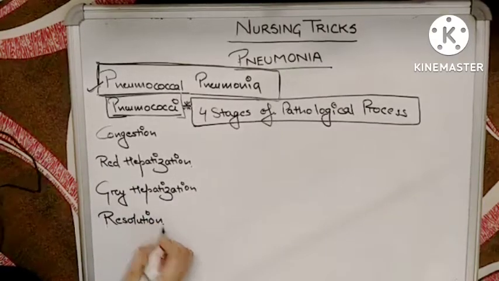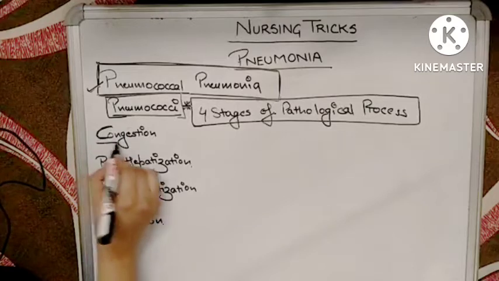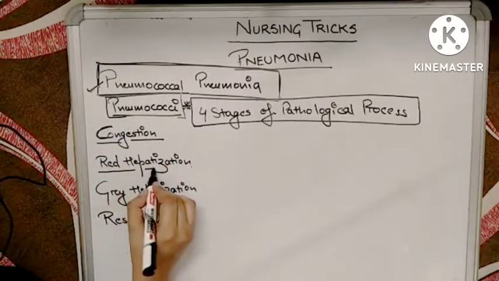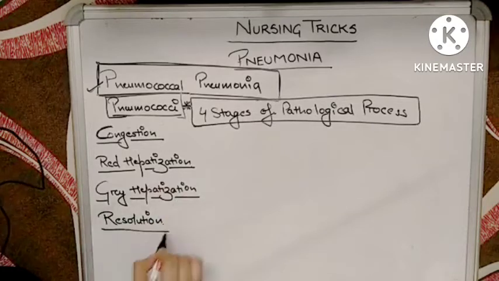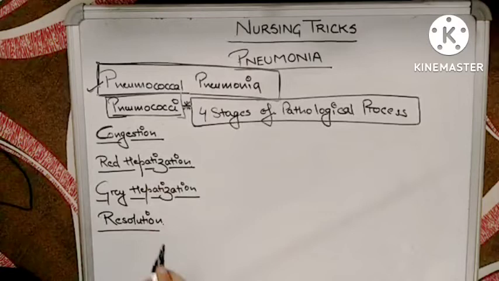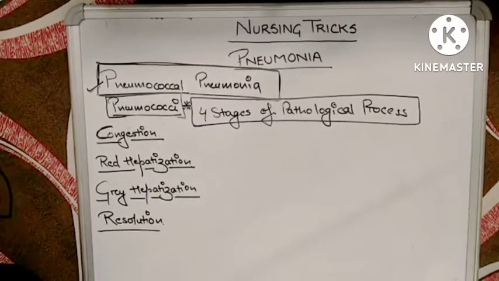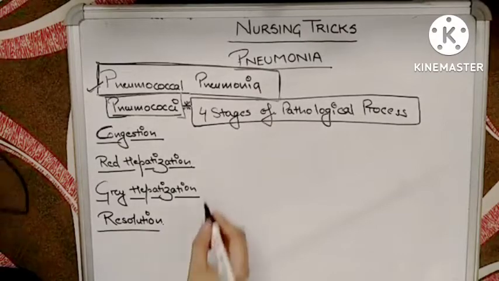We will learn in such a way that we don't have to mug up all these things. If we understand the concept behind them, we don't have to mug up. Okay, so first is congestion, red hepatization, gray hepatization, and resolution. So first is the congestion.